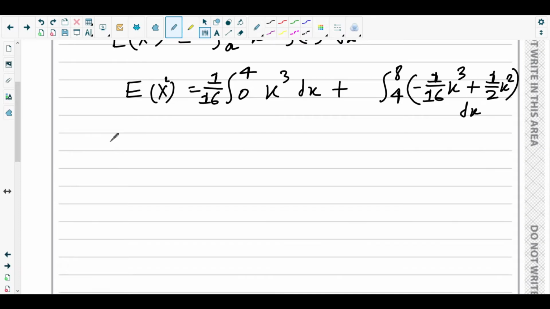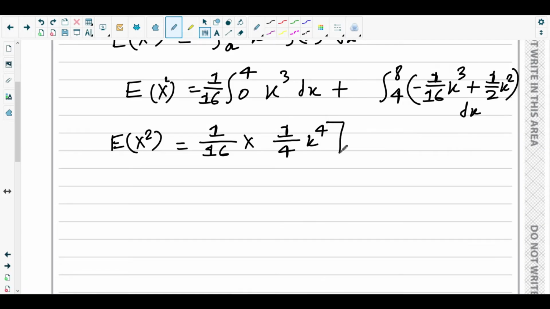Now we need to just integrate. So 1 over 16 times x cube. Integration of x cube is 1 over 4 x to the power 4. Upper limit is 4, lower limit is 0, right? And then next, integration of x cube is x to the power 4, so negative 1 over 64.